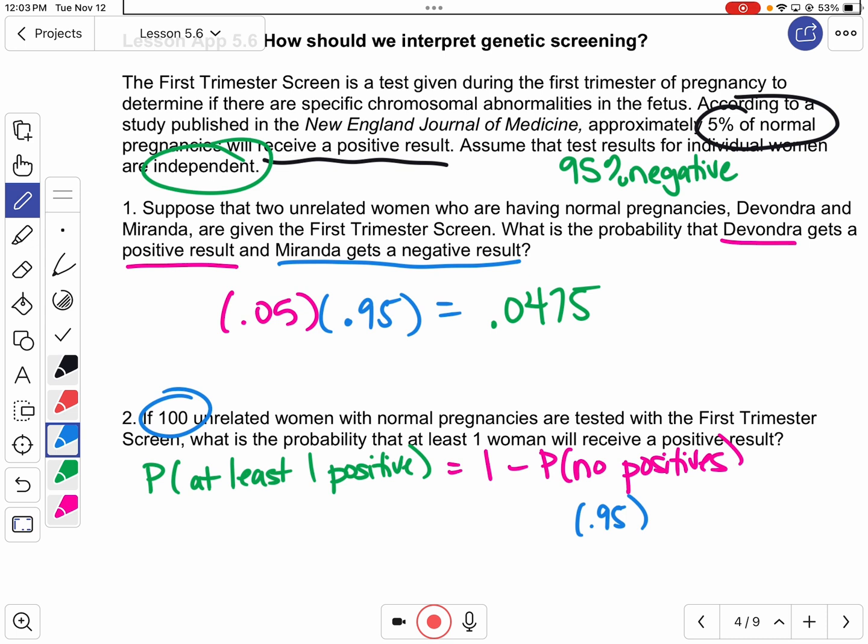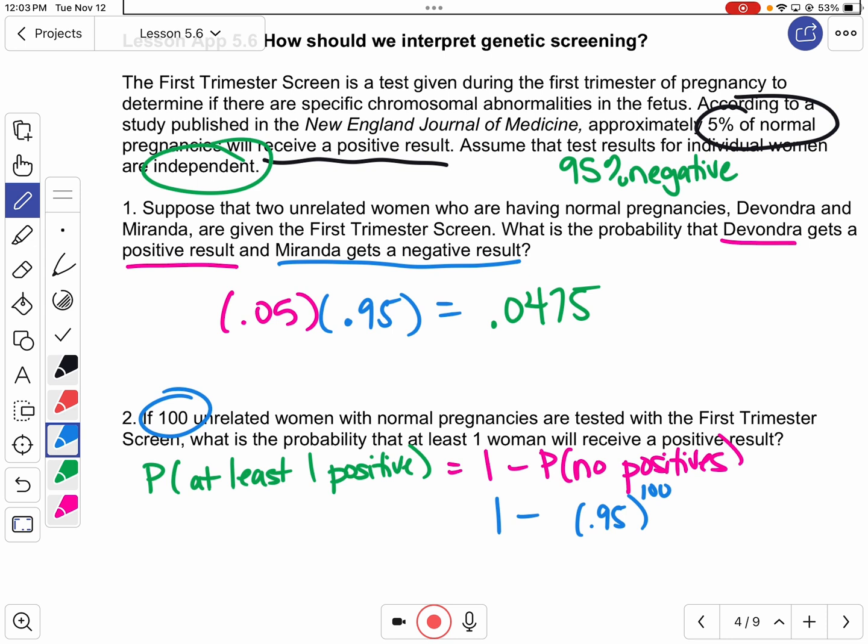Have you got time to type that in 100 times? No. Does anybody know a shorthand way in math where we do repeated multiplication? An exponent, yep. All right, I got 100 of them. There's 100 women that I need to take that negative for and multiply them together. And then once I get my answer, I subtract it from 1, or you can type it in just like that.